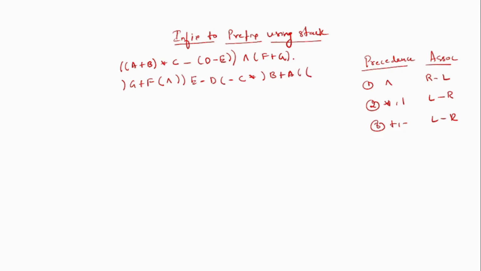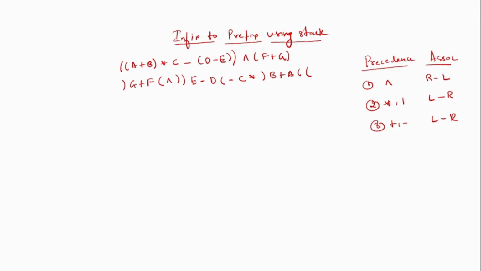Let us check it once. Right to left, we need to reverse it from right to left, right? Close G plus F open to the power close close minus E minus D open minus C star, right? Close B plus A, we open two parentheses here.